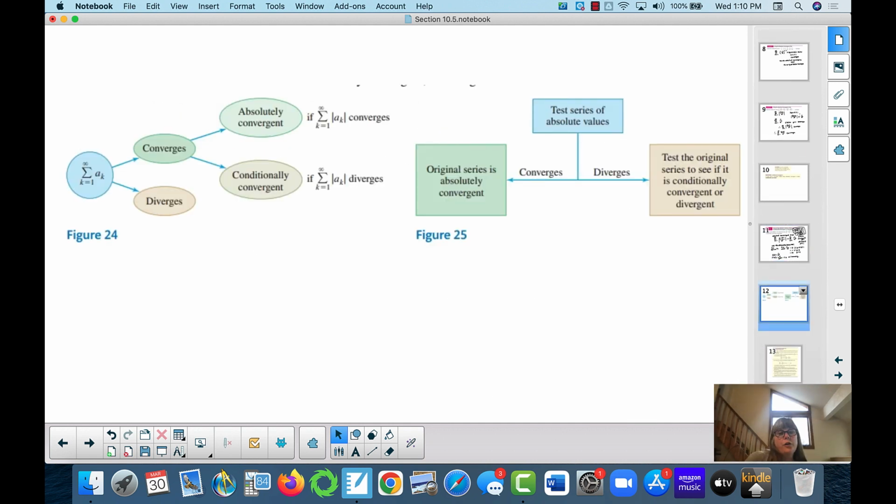So this is a good little chart to help you decide whether a series converges or diverges. If the series of absolute values converges, then our series is absolutely convergent.